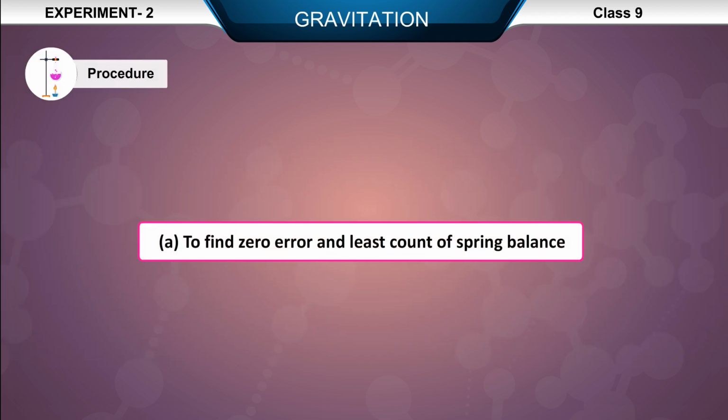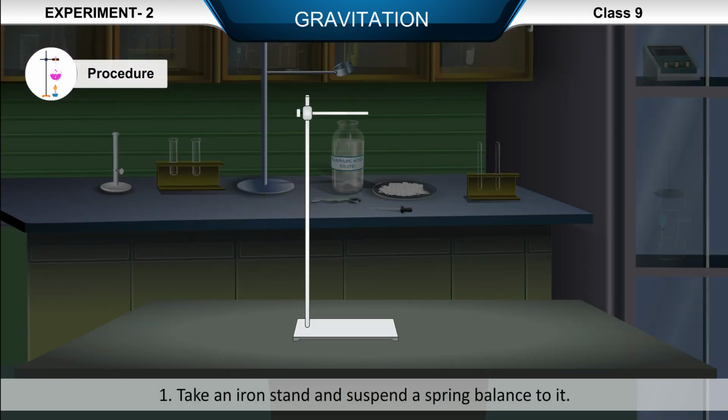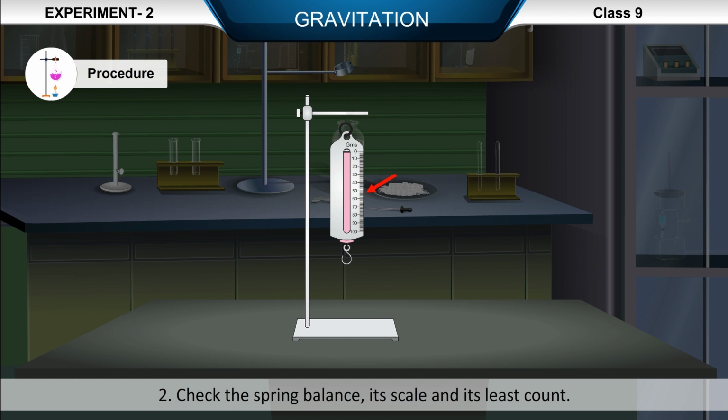Procedure. A. To find zero error and least count of spring balance. 1. Take an iron stand and suspend a spring balance to it. 2. Check the spring balance, its scale and its least count. 3. Note your observations. If any error, record it as x gf.